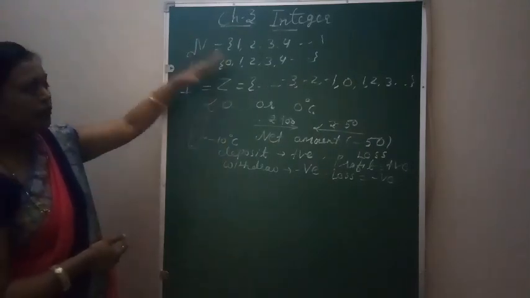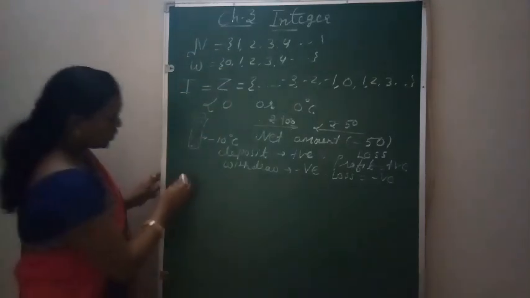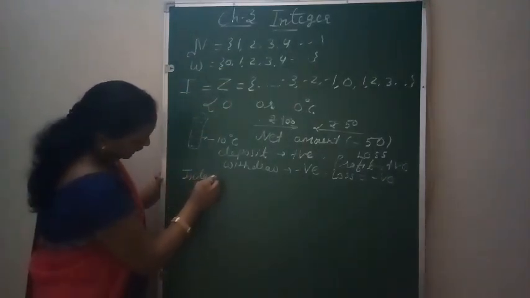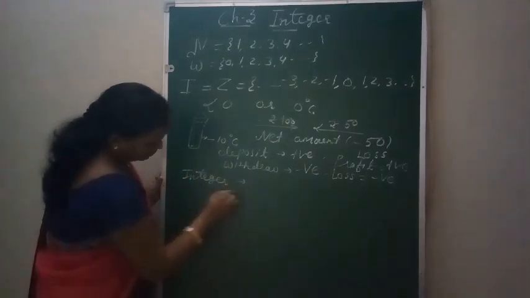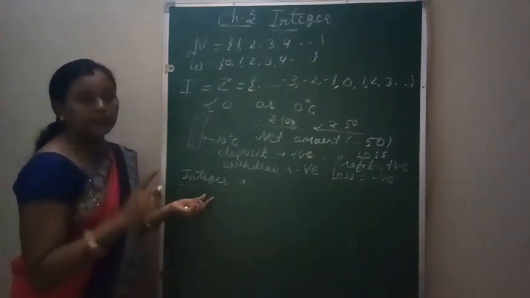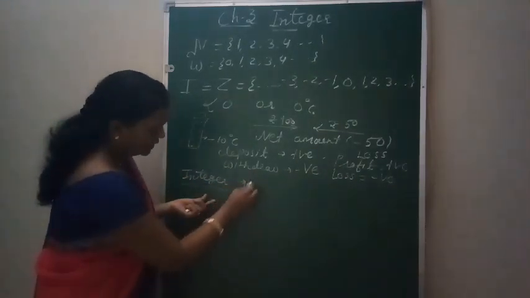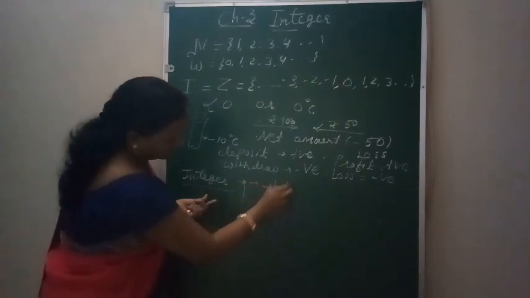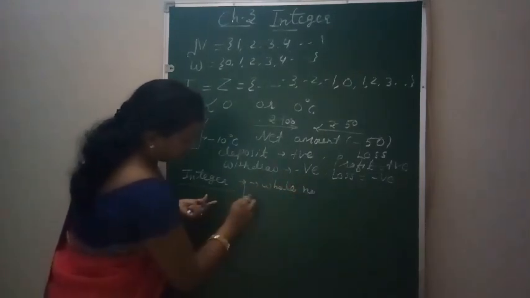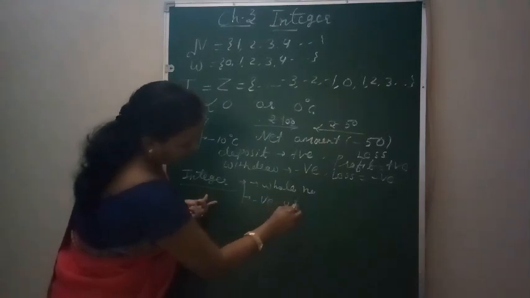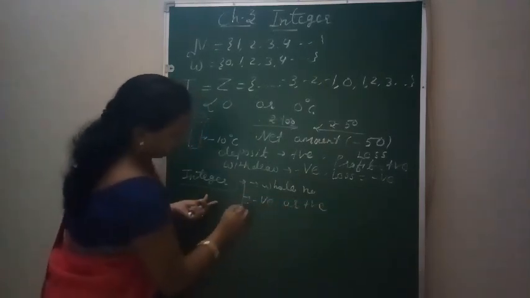Let's see all the things together. What is an integer? The attributes of integers are that they are whole numbers or negative and positive numbers.